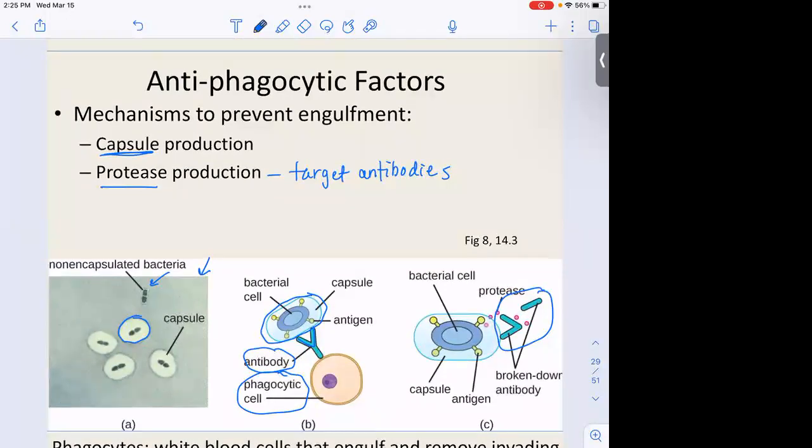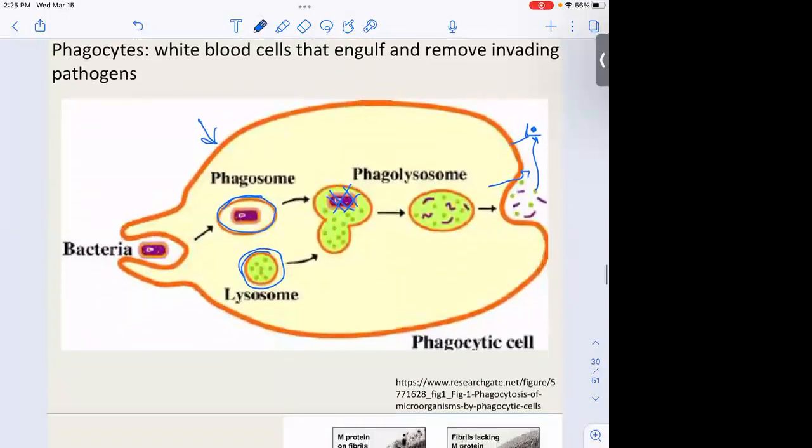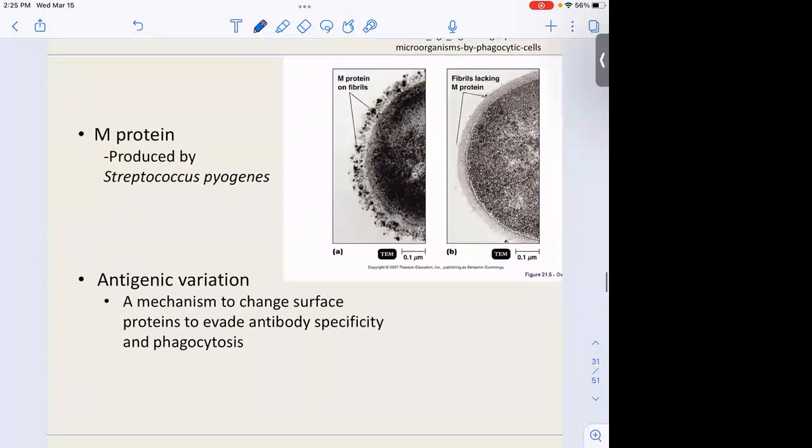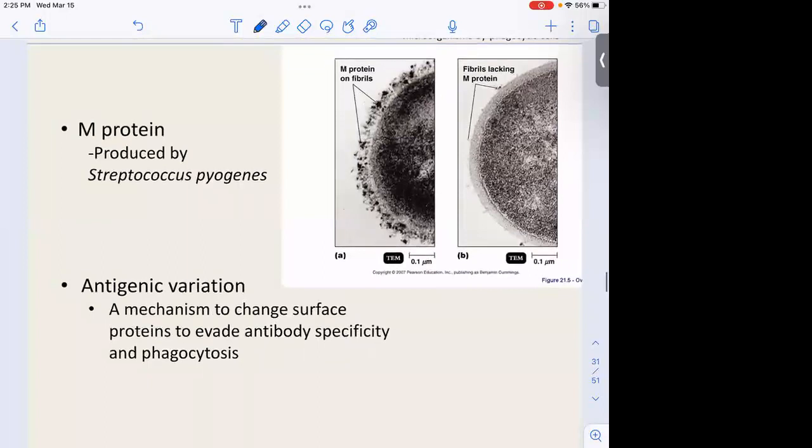Some other examples of anti-phagocytic factors: strep pyogenes, which again, if you're in lab, hopefully you recognize that name. We talked about that in lab today, or you will tomorrow. Strep pyogenes has this protein on the surface.